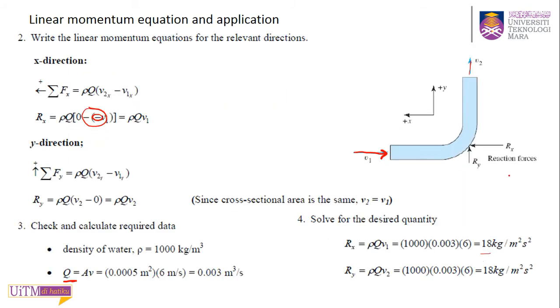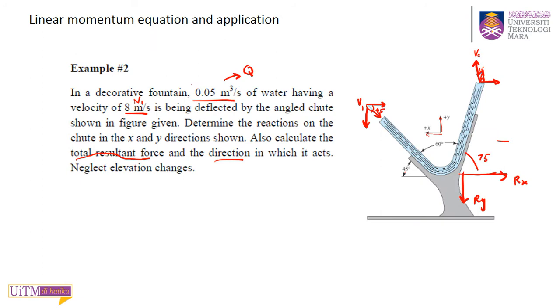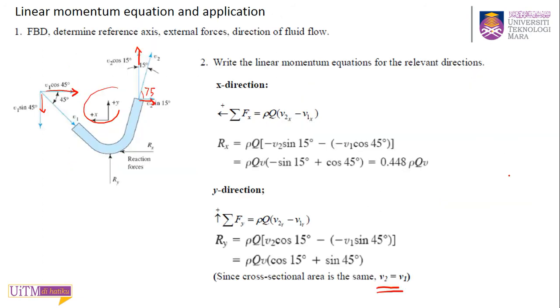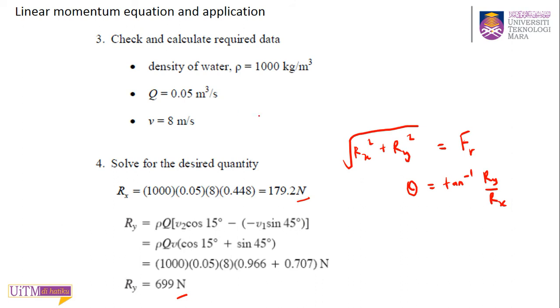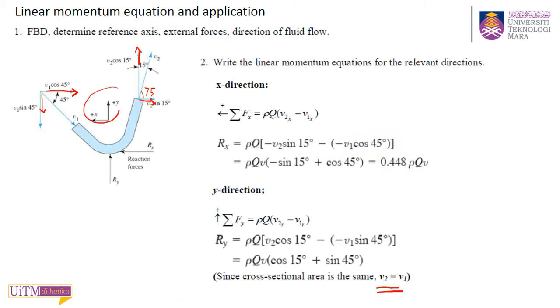Not this one, the example is this one. So when you calculate, you will get the value is negative. When you get the value is negative, it's not wrong. It's just you need to say it is in the opposite direction. The arrow should be in this direction, not in your first assumption. Do you understand?